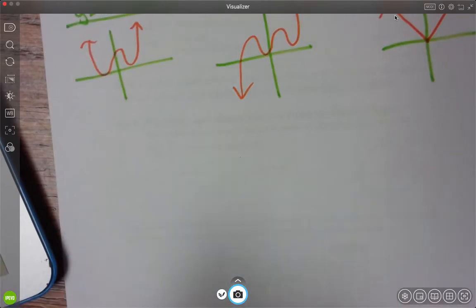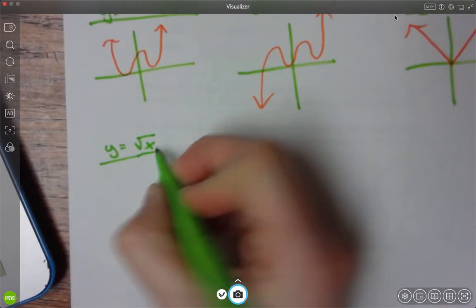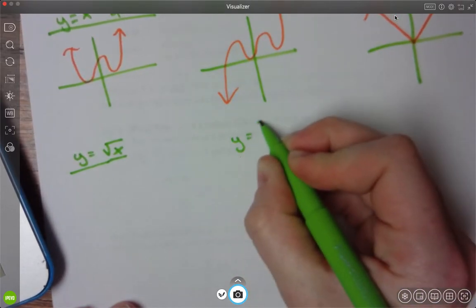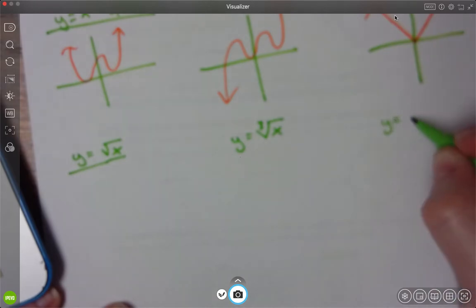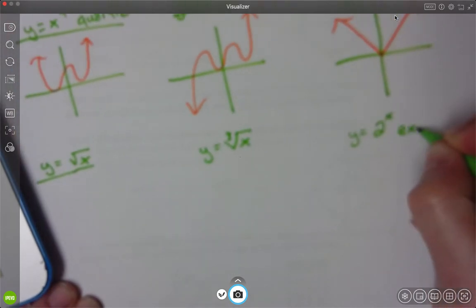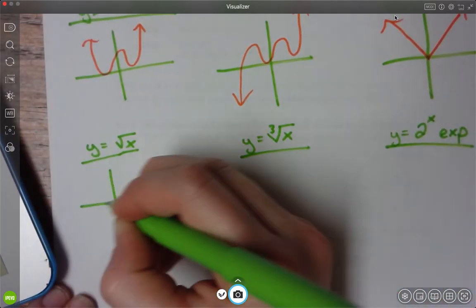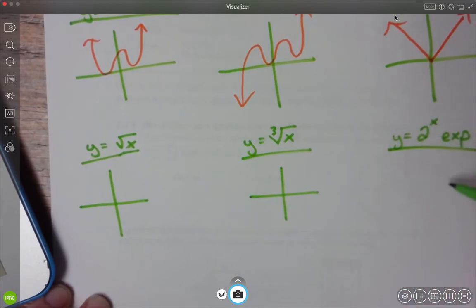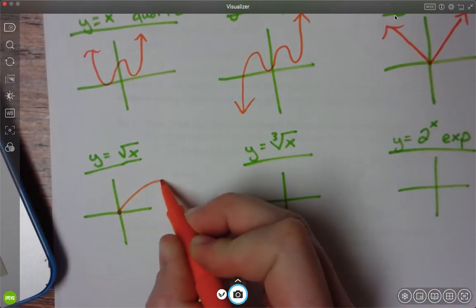There's a couple more that we know. We know what the square root of x looks like. We know what the cubic root of x looks like. And we know what an exponential function looks like, let's say 2 to the x power is an exponential function. Okay, so let's do those. The square root is going to start here and go forever that way.